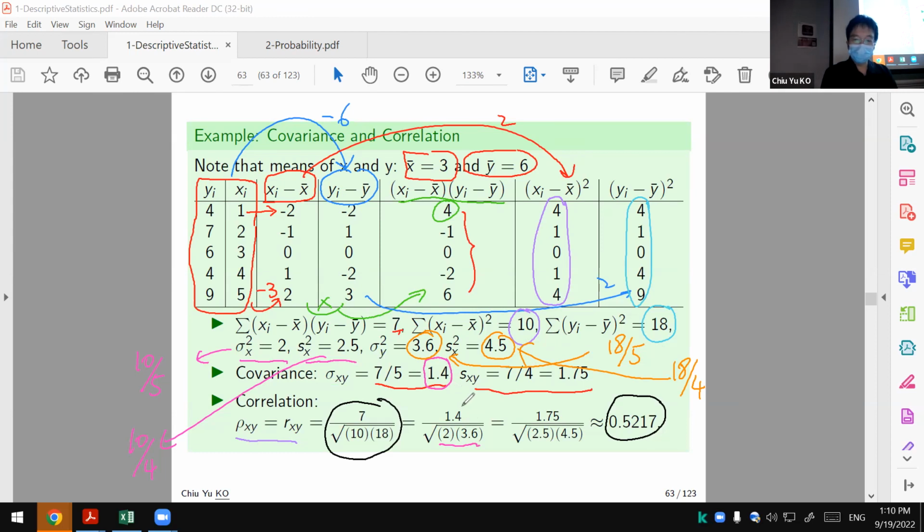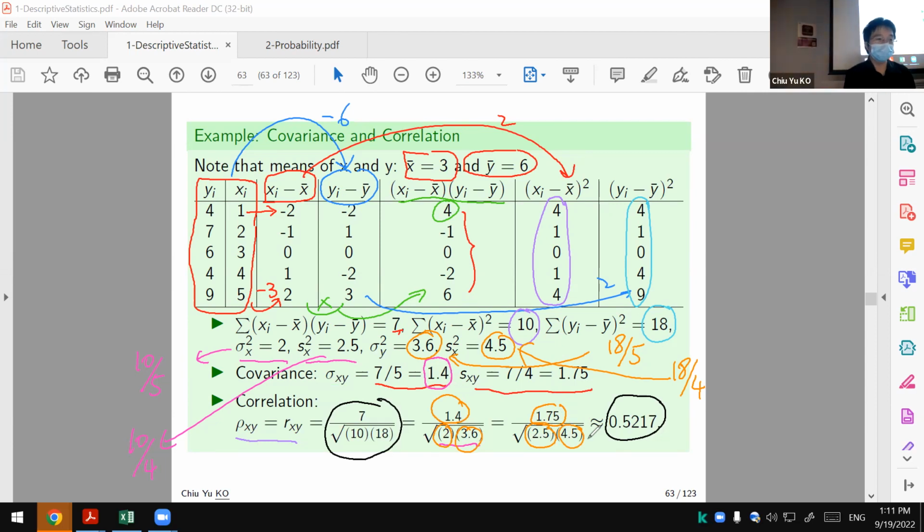When you have the population version in the numerator, you put the population version in the denominator; when you have the sample in the numerator, you put the sample in the denominator. Regardless of what you calculate, this is 0.5.